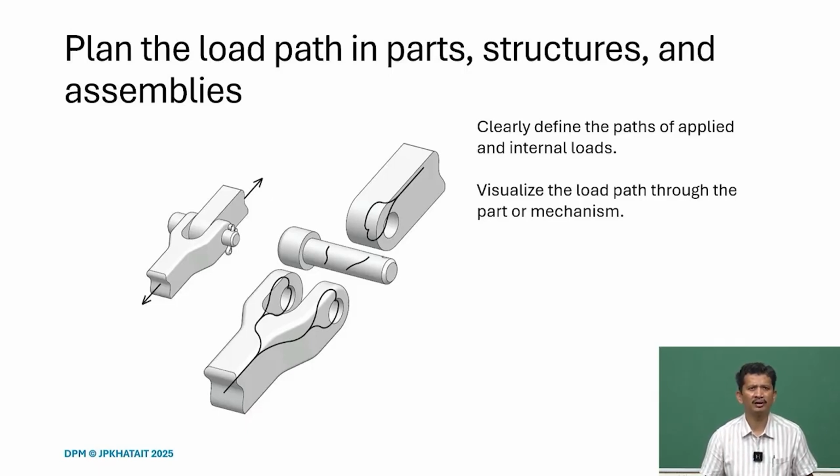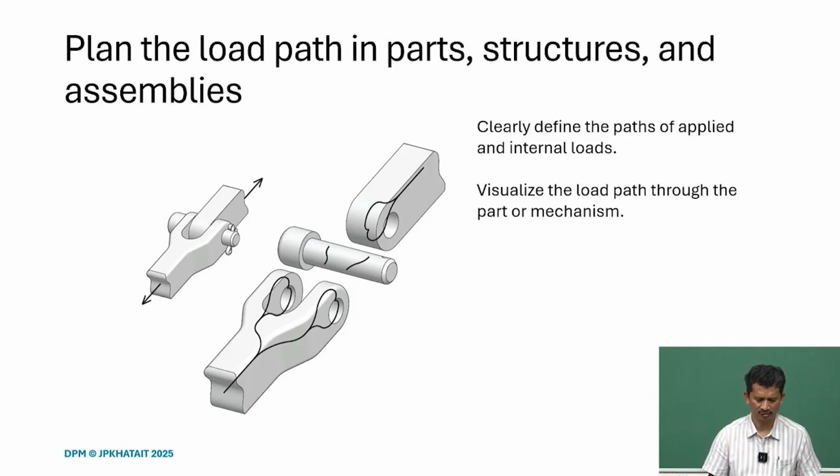How they travel, what path they are taking, it is very important to visualize and clearly define, because that is the critical path, and any part along that load path has to be checked for failure and performance.